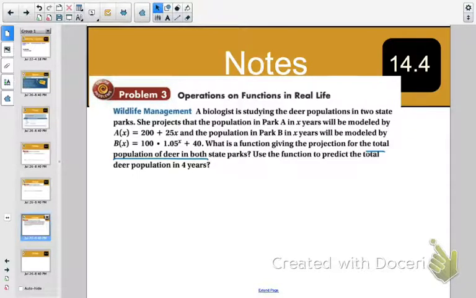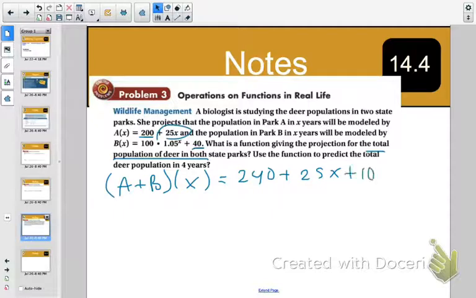So this would just be A plus B of x. And again, we can combine our like terms here, which are actually just the 40 and the 200, because those are both constant. So we'll say 240, and we just add everything else on. Plus 25x from this one, plus 100 times 1.05 to the x. We can't add the 100 with the 200 and the 40 because it is being multiplied to the 1.05.